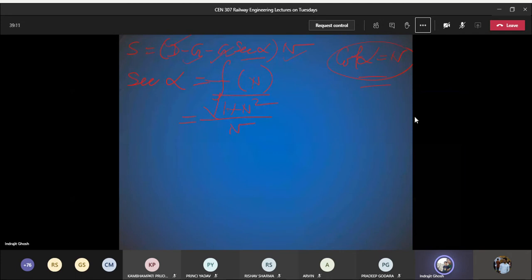Square root of 1 plus N square divided by N. So S is equal to D minus G multiplied by square root of 1 plus N square over N, times N, or D minus G times square root of 1 plus N square over N.